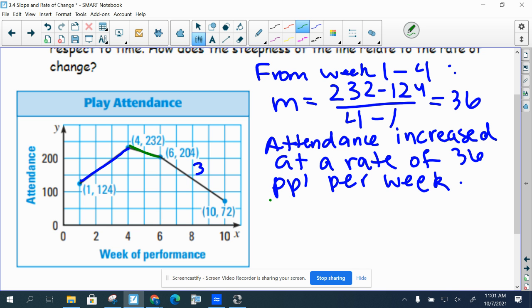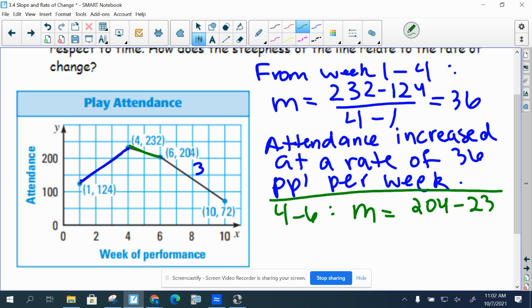Weeks 4 to 6. So we'll do y2 minus y1, the right point minus the left point. 204 minus 232 over 6 minus 4. I got a negative answer because it's sloping down. What do you get?